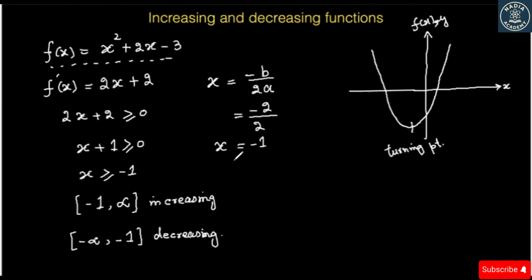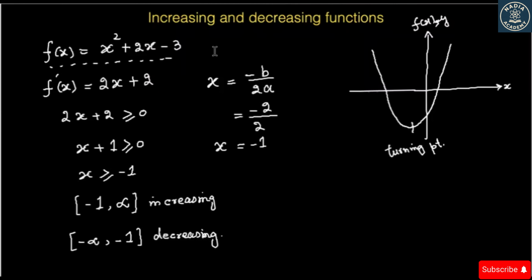This is our answer for the x coordinate of the turning point. As we look at this picture, this function is decreasing up to the turning point and increasing above the turning point. This is what we also have in our answer from the derivatives.